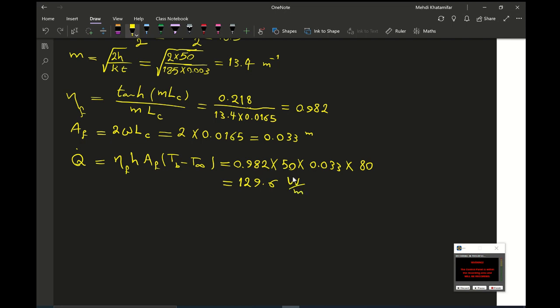Again, meter is supposed to be meter square, but I removed that W.